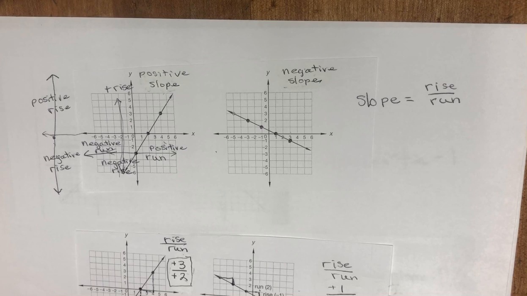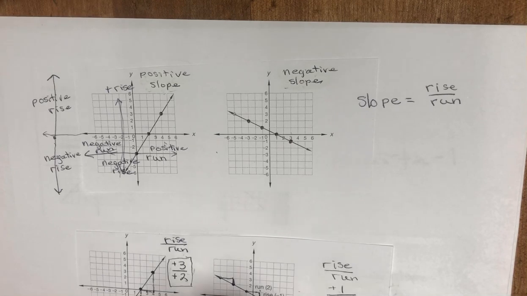Now, the question is, what if I don't know which ones I'm determining? Let's say I pick this dot and this dot. So if I count my run over, it'd be 1, 2, 3, 4. So my run would be 4 on the bottom. And then I'd have 1, 2, 3, 4, 5, 6. And I'd have a rise of 6.